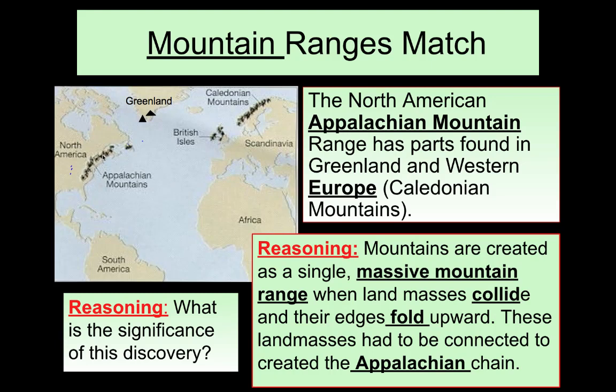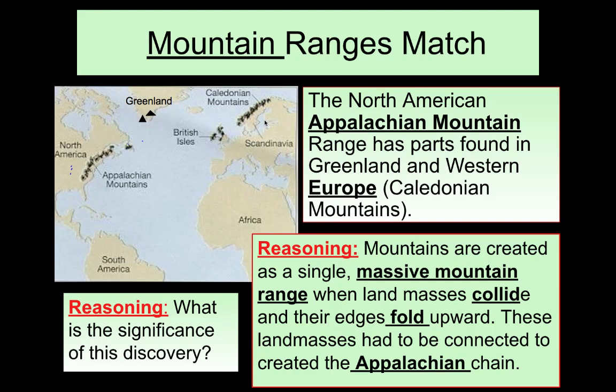Now, the Appalachians run along the east coast of North America. If you've ever been to New Hampshire or Maine or Vermont, to the mountains here in North America, those are the Appalachians. You've been to the Appalachians. Now, the Appalachian mountains also run into Greenland and across the ocean in Western Europe.